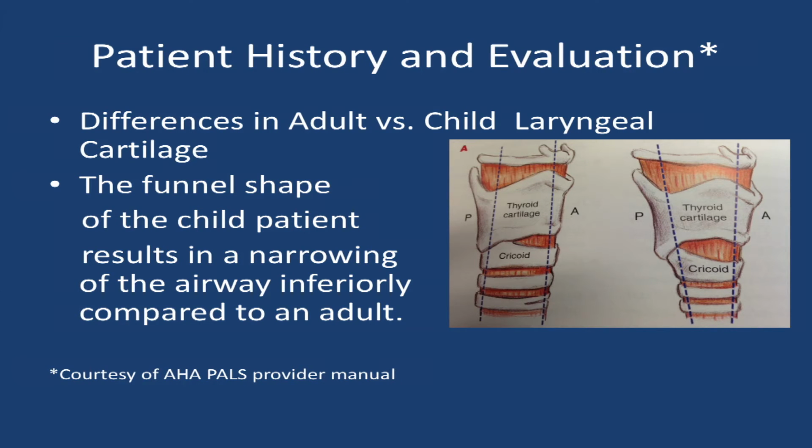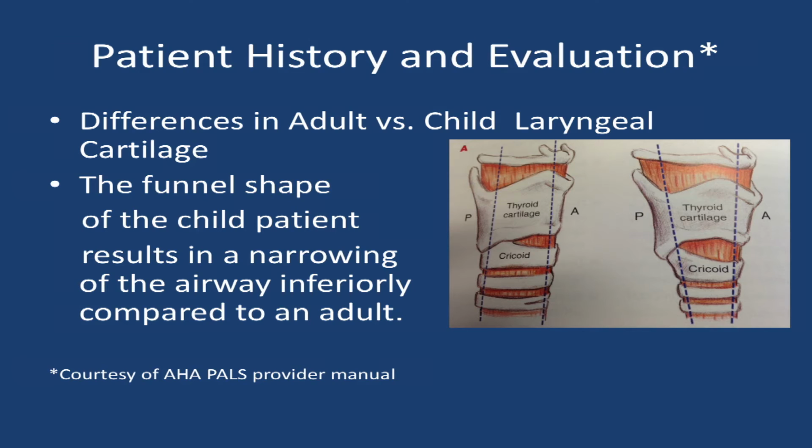Here's a diagram on the right-hand side which shows the anatomy of the laryngeal area. We can see on the left-hand side is the adult cartilage. And the adult cartilage is very straight, going from top to bottom, whereas the child's cartilage on the right-hand side tends to be funnel-shaped, and as it reaches the point of the cricoid cartilage, becomes very narrow.